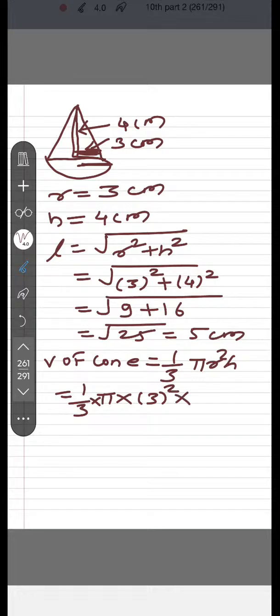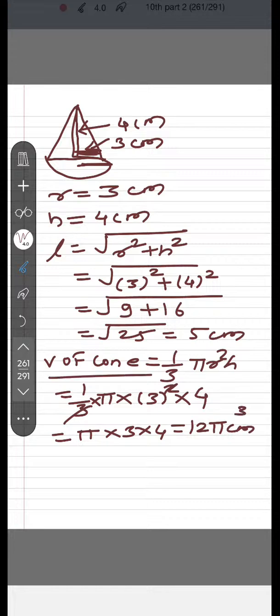And h is the height, 4 centimeters, so I am going to write down this 4. Just observe, this 3 and this 1 upon 3 will get cancelled. So what will I get? 3 into 4, which is equal to 12 pi centimeter cube, the volume of the cone.